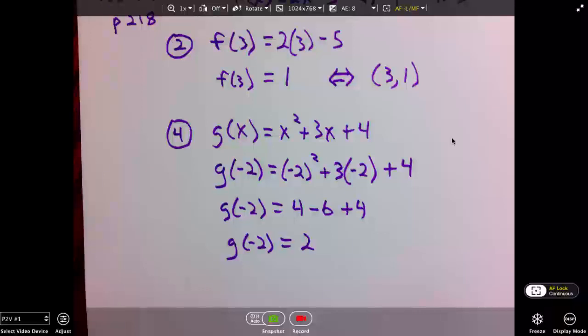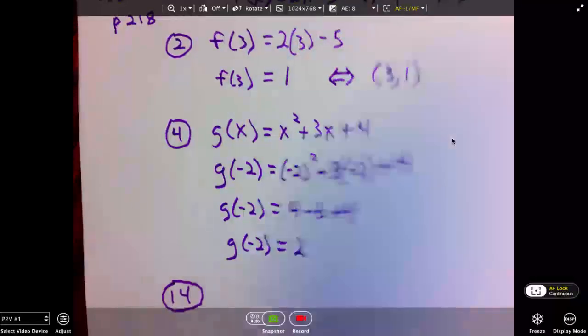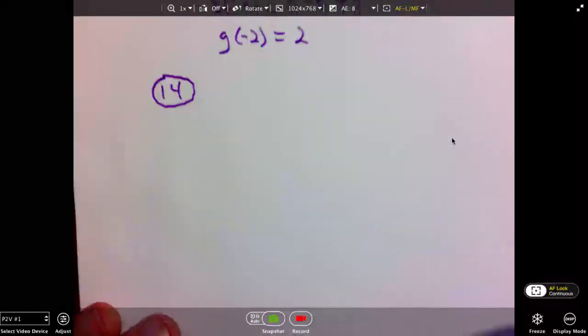Number 14. Again, I'm doing the even numbered problems. They should help you with your associated odd numbered problems. Number 14, they ask for g of 0.